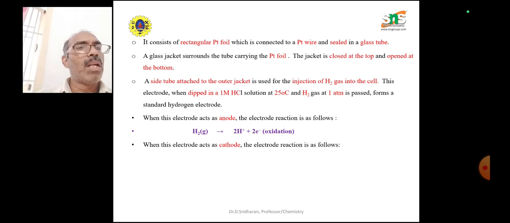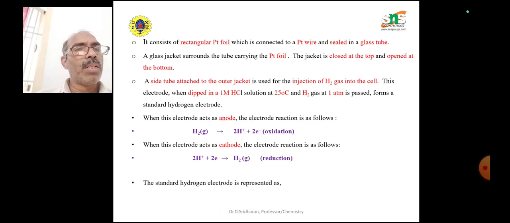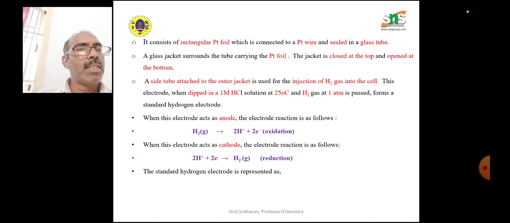at 1 atmospheric pressure. When the electrode acts as an anode, the electrode reaction is as follows: H2 gives 2H+ plus 2 electrons, that is oxidation. When the electrode acts as a cathode, the electrode reaction is: 2H+ plus 2 electrons gives H2 gas, that is a reduction reaction.